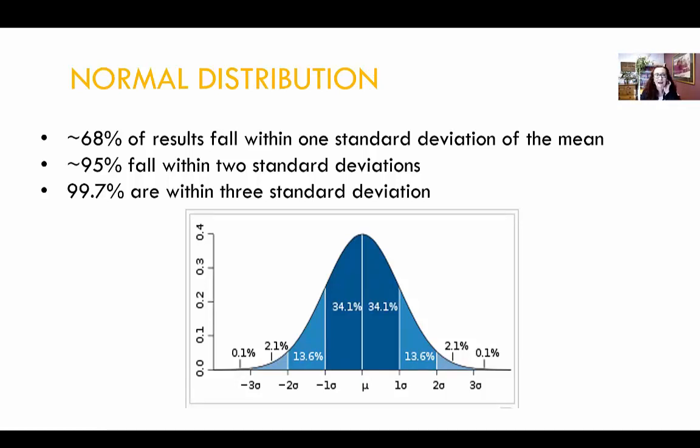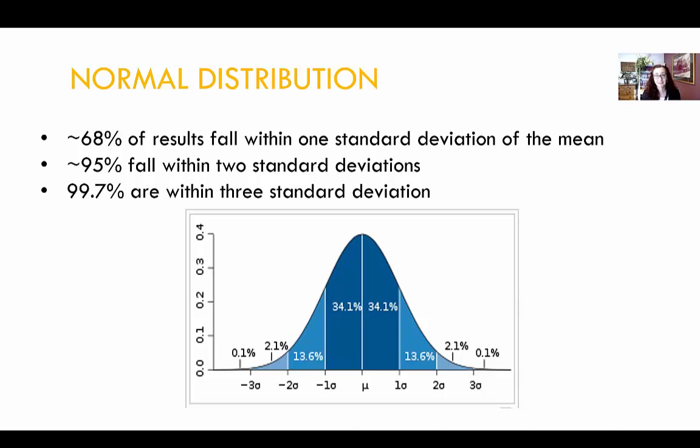Remembering back to maths class, a normal distribution looks something like this. The mean is the midpoint, and if it is shaped in a normal distribution, you can see that something like 68% of the results will fall within one standard deviation of the mean.